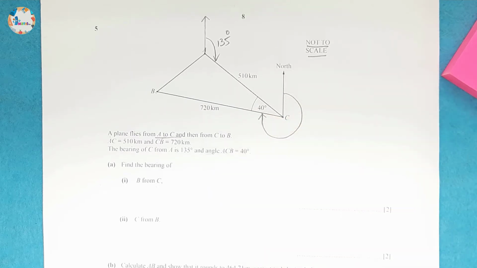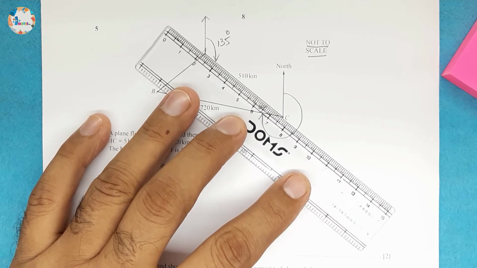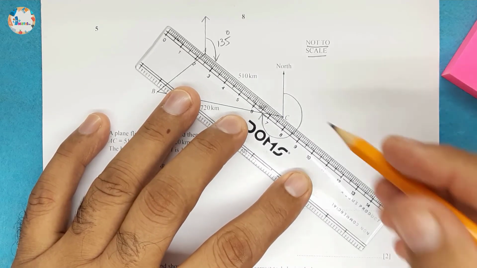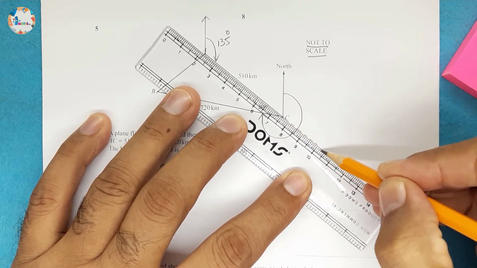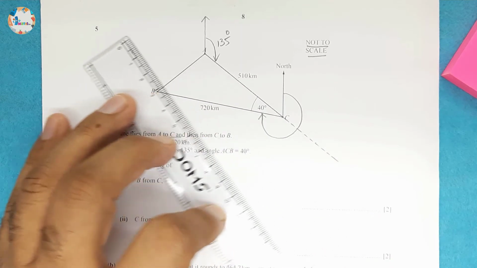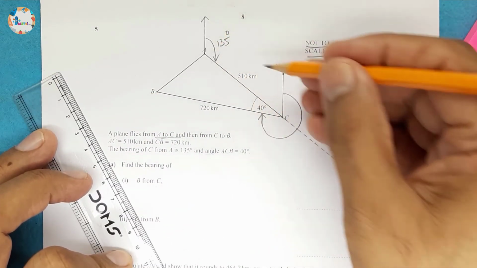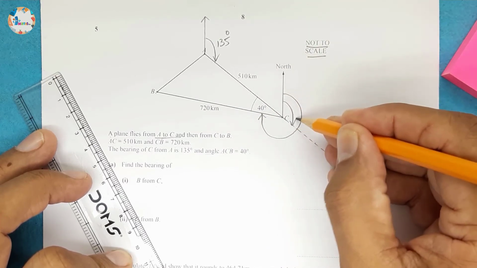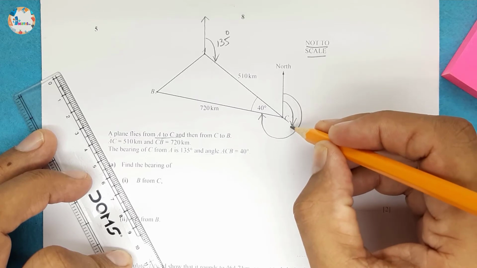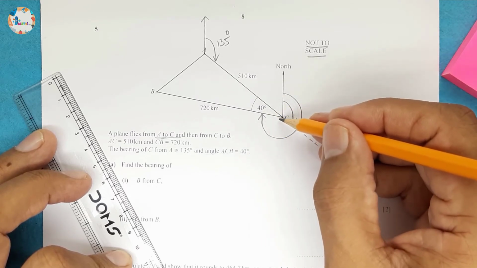So bearing of B from C, this whole angle up to this one is required. To find this angle, the easiest way is we can extend this AC line. This extension is a broken line. So this angle 135 is the same as this one.